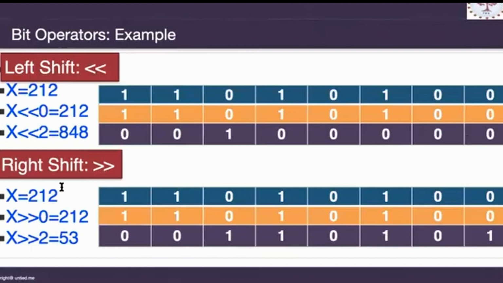Similarly for the right shift, things will shift in this direction. Here we are doing the shift 2 times, so you can see that zeros are coming in, and these 1 1 are moving to the next 2 places because we have shifted 2 times. This way the shift also changes the value of the variable.